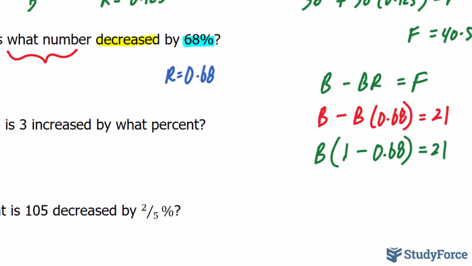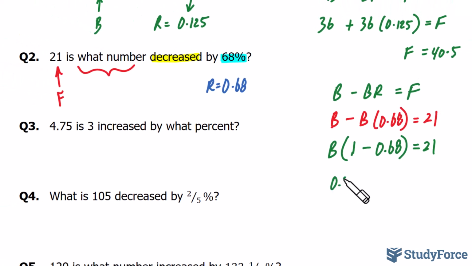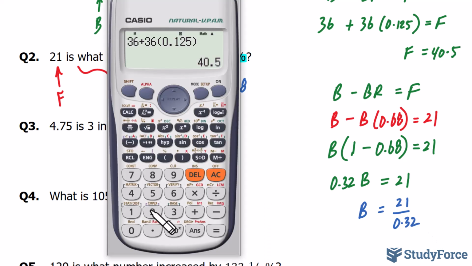Then we subtract 0.68 from 1, and that amounts to 0.32 times B is equal to 21. Finally, to isolate for B, all we have to do is divide both sides by 0.32. And so if we do that, let's use our calculator. 21 divided by 0.32 gives us an output of 65.625.